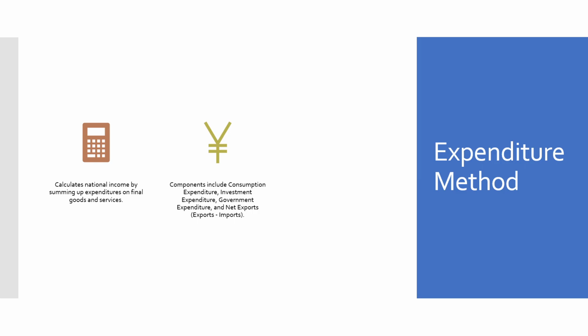Net exports, which is represented by exports minus imports. The formula for calculating national income using the expenditure method is Y = C + I + G + (X - M), where Y is the national income, C is the consumption expenditure, I is investment expenditure, G is government expenditure, X is exports, and M is imports.